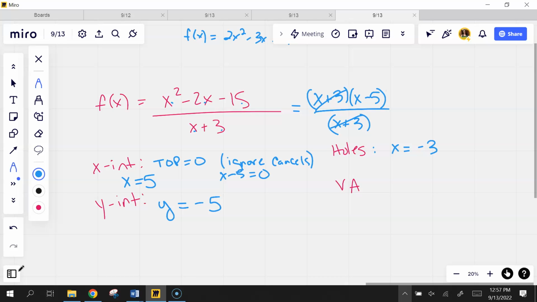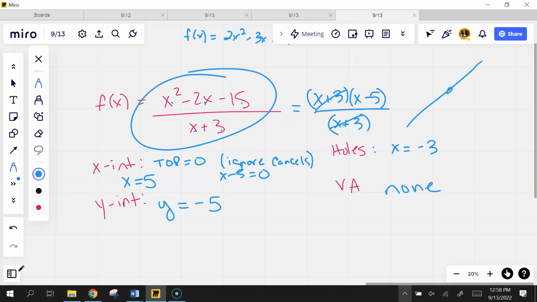None. We took it out. That's right. We took it out, so it's not there anymore. It can't be a hole and a vertical asymptote. It's one or the other. And if it's already a hole, then, well, nothing. So if you graph this, this is nothing more than the line x minus 5 with a hole at -3. It literally will do this with a hole. That's it.